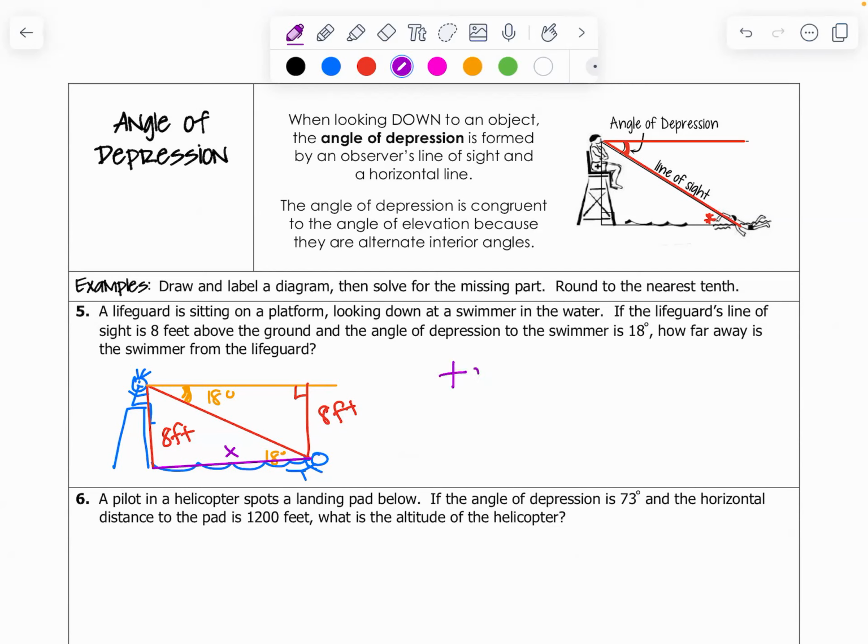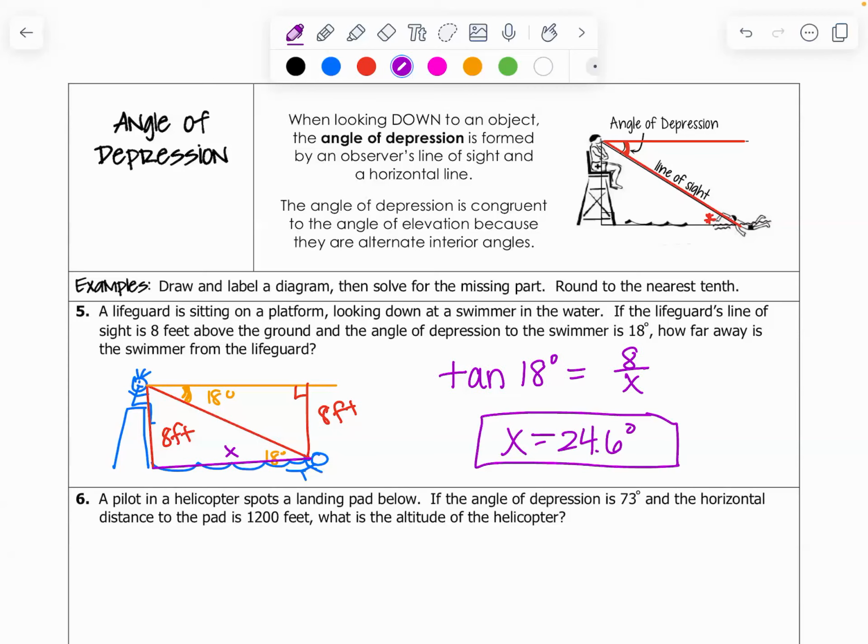So the tangent of 18 degrees is 8 over x. 24.6. Oops, I put the wrong label there.